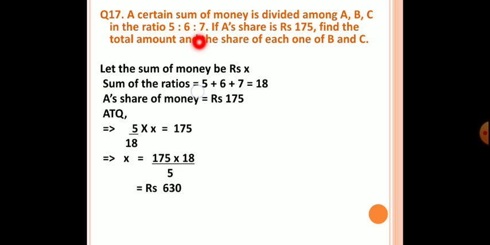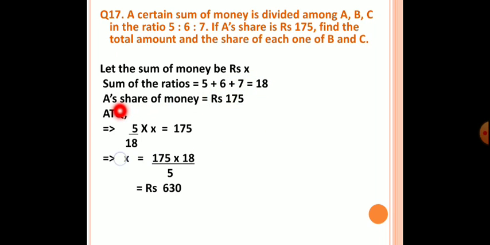Next, question number 17. A certain sum of money is divided among A, B, C in the ratio 5:6:7. If A's share is rupees 175, find the total amount and the share of each of B and C. First let us assume that the sum of money is rupees X and the sum of the ratio is equal to 5 plus 6 plus 7, that is 18.